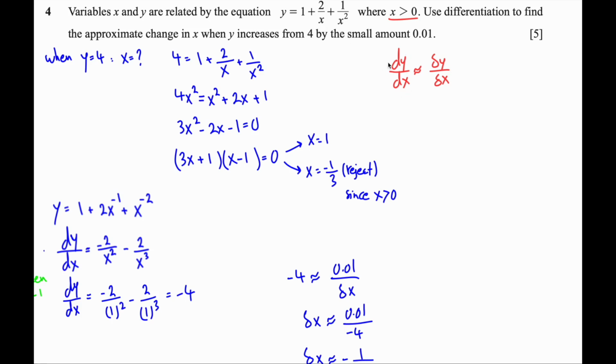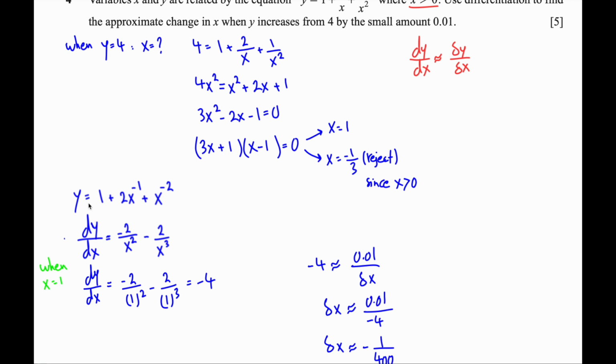First things first, I have to take the derivative of my equation. You can do that over here by rewriting the equation of the curve and bringing all the x's up, but you have to change the power to negative. This makes it easier for you to take the derivative. The derivative of a constant is 0, obviously.